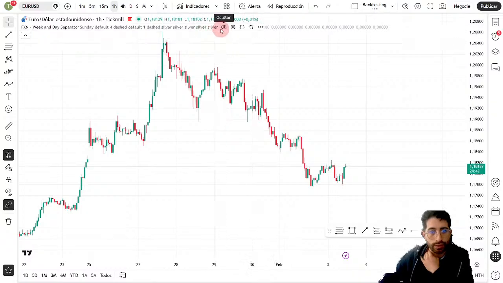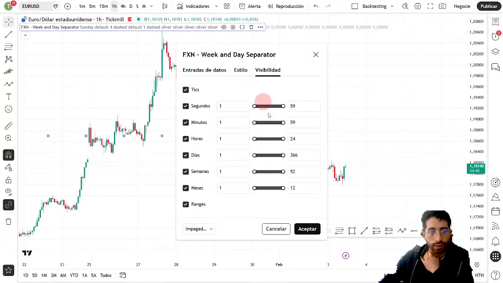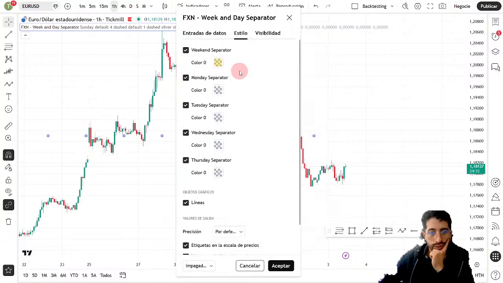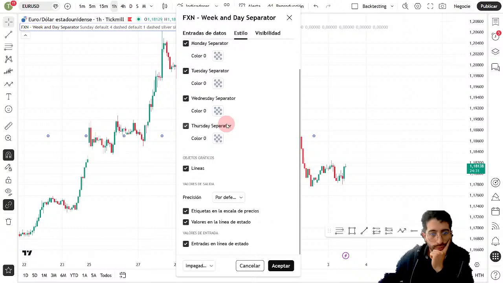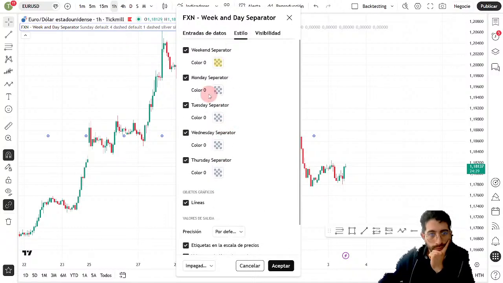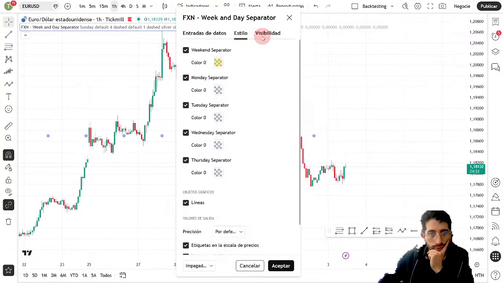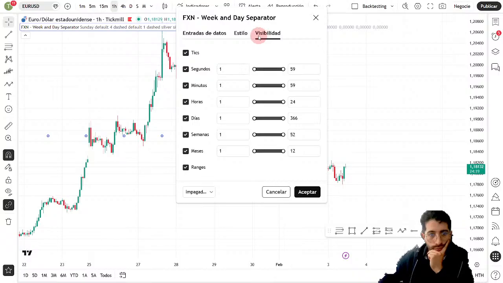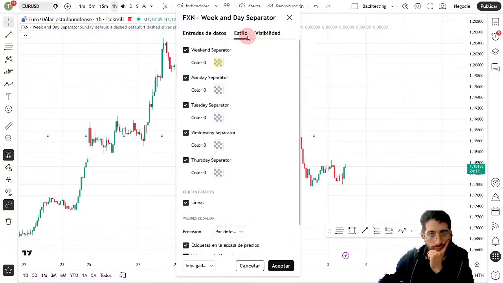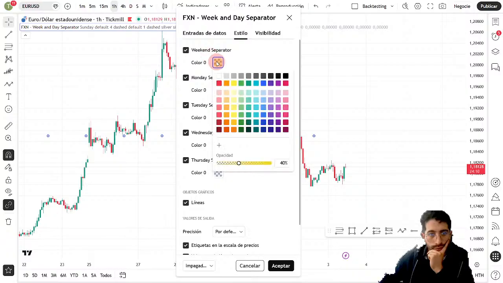Perfect. So it has the next configuration: seconds, minutes, days, the style. It has a normal color for each one. Let me check one thing here. The color for the week separator.